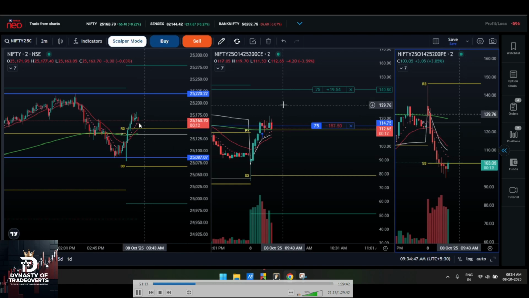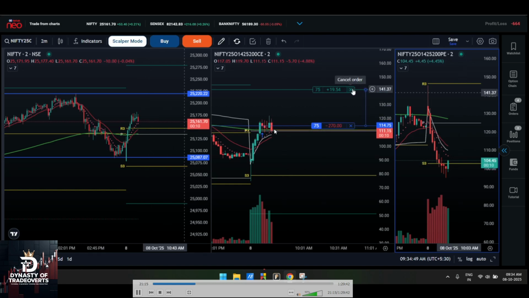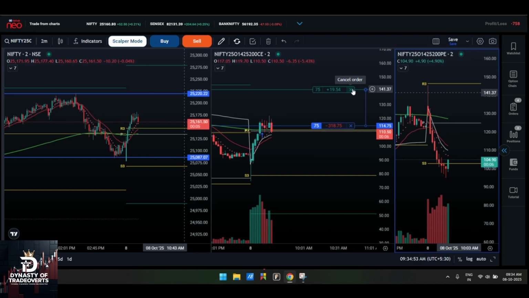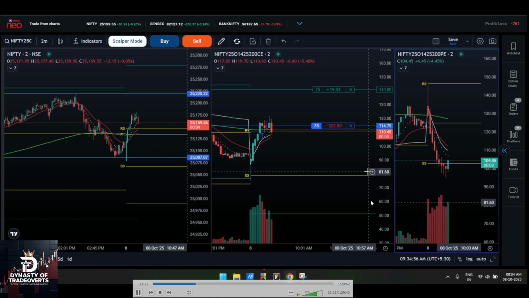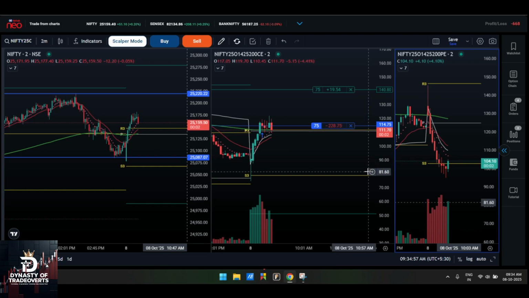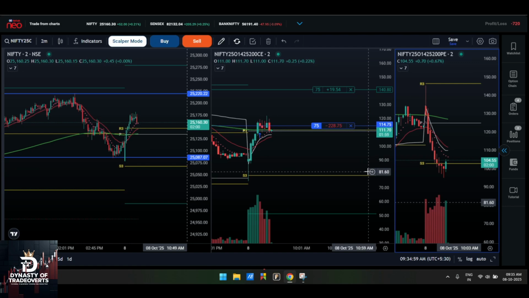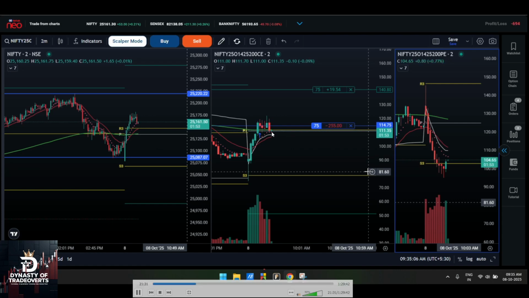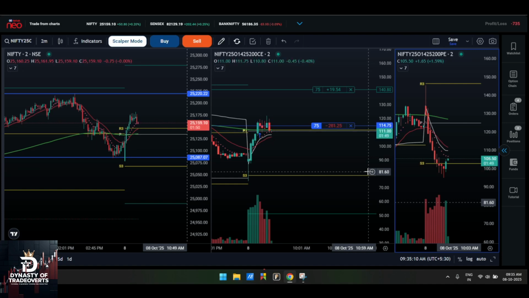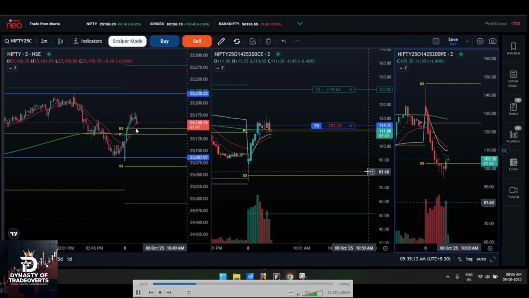Even for a small retracement in Nifty, the option prices are coming down way too fast, and the PE premiums are spiking here. So like I decided, I'm ready to exit my position if it comes down. There is VWAP and 20 EMA support here. Also in the spot chart, we have R3 and 20 EMA support.